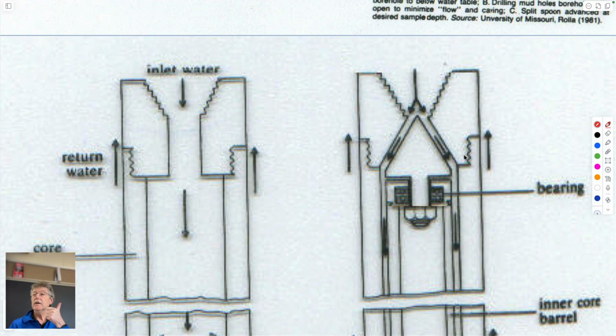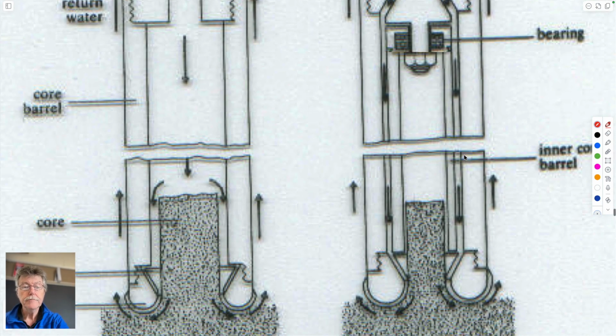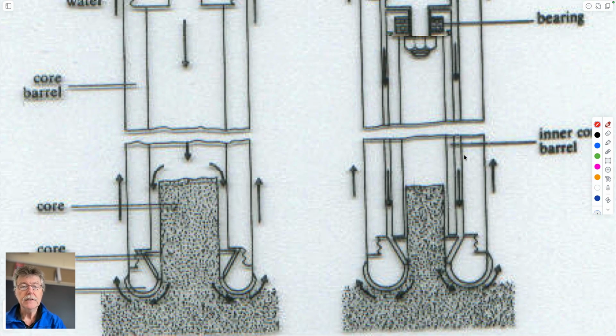So we talked about augers for soil, rotary drilling for soil and rock, and diamond drilling for rock. And so this is basically the idea of diamond drilling. These two are similar, but the idea here is it's diamond drilling because on this shoe you have industrial diamonds all around the circumference of it.